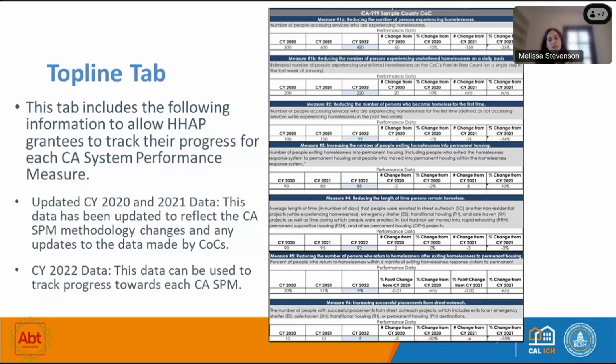So it'll have all those methodology changes and updates to the data, any updates that CoCs made to the data in the meantime as well. And then we're also including on the top line tab your 2022 data. And like I said, that can be used to track your progress towards each of those SPMs.